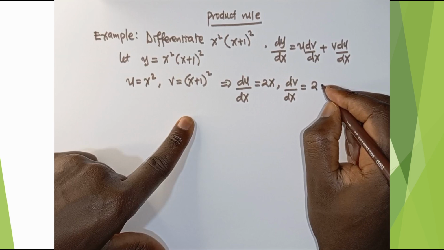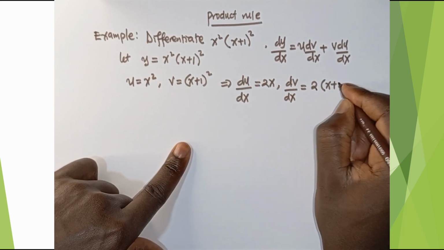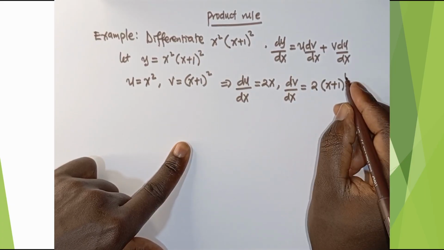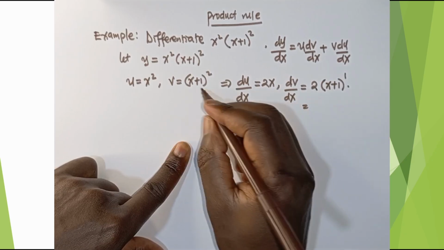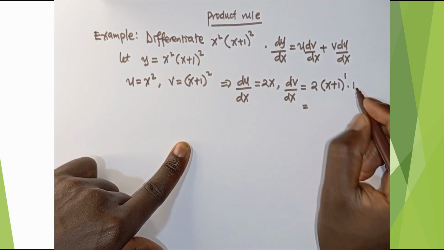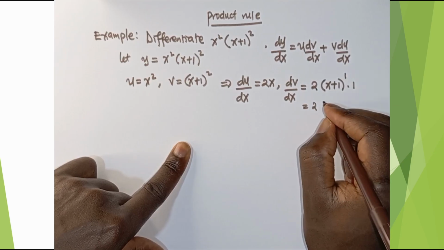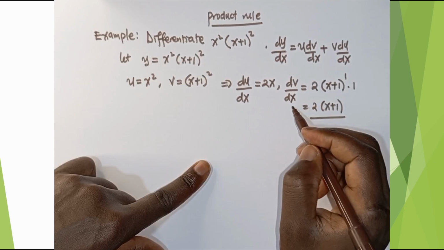So this is drop the power, which is 2, leave whatever is in the bracket alone, reduce the power by 1, we get 1. Times the derivative of what is inside, which is also 1. When you differentiate x plus 1, you get 1. So we have 2 into x plus 1, that is our dv dx.